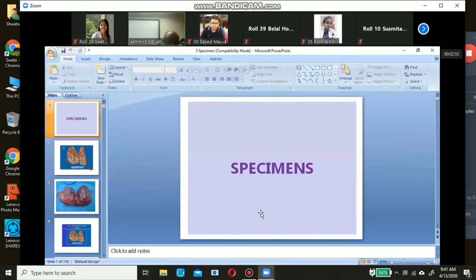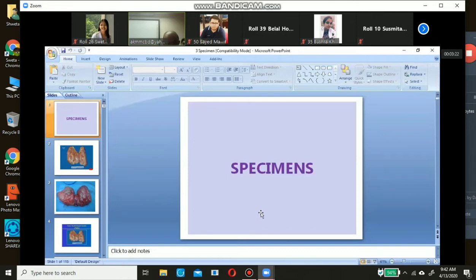These are the common organs. Other than this, there may be skin lesions and bones, the fractures of bones, osteomyelitis, and malignancy of bone. These are the common specimens which are very frequently repeated in the examination.